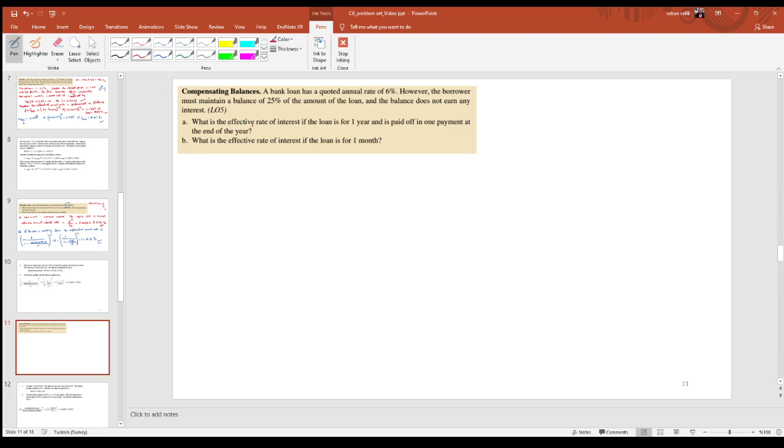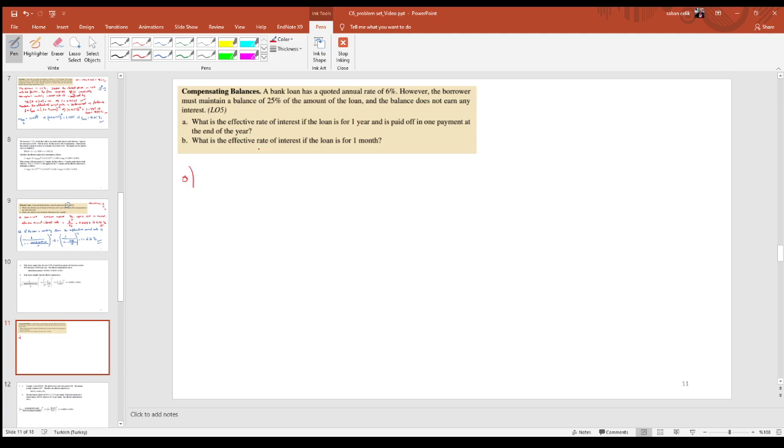All right. So another question. We have another problem about compensating balance. So let's see. A bank loan has a quoted annual rate of 6%. However, the borrower must maintain a balance of 25% of the amount of the loan, and the balance does not earn any interest. So A, what is the effective rate of interest if the loan is for 1 year and is paid off in one payment at the end of the year?